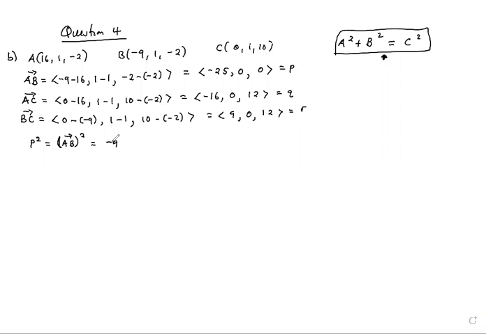So we'll have negative 25 squared, which is equal to, okay, for the sake of showing working, 0 squared plus 0 squared, giving us 625.